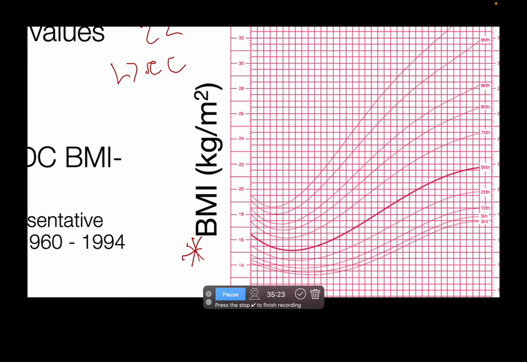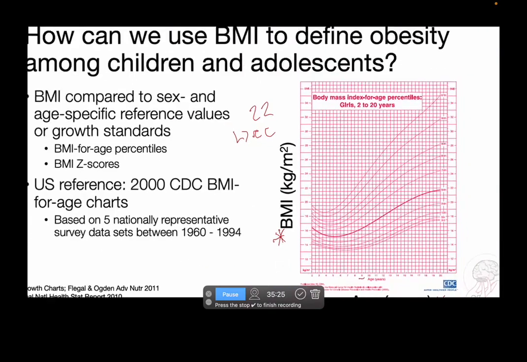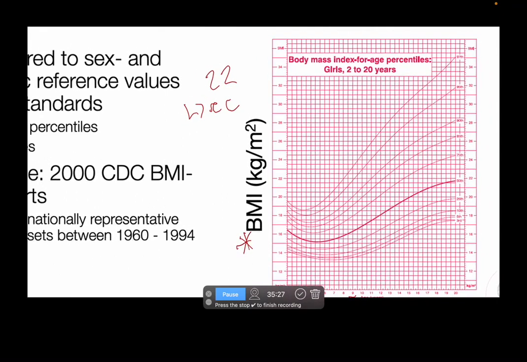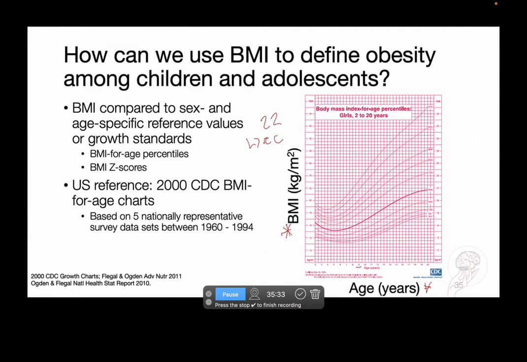Well, that's where we would then look at our growth chart. So we would go down to 9 years old, which is down here, where I underlined. And then we would take a line, and it's hard to do, but we would go all the way up to 22, which is right about here.